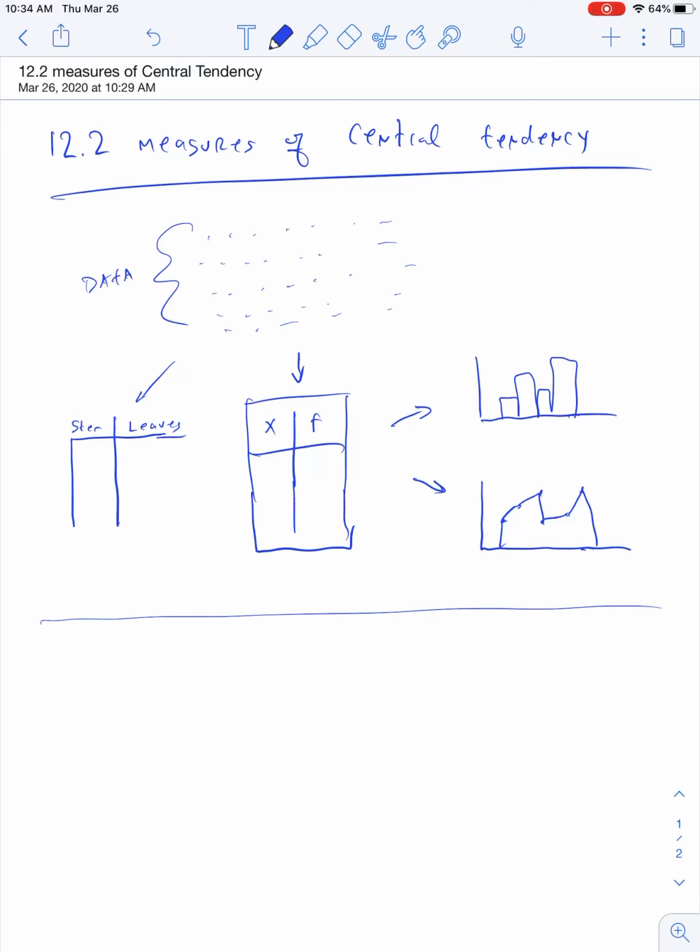What we're going to do here is take a look at these numbers.